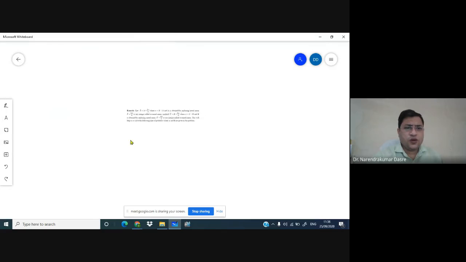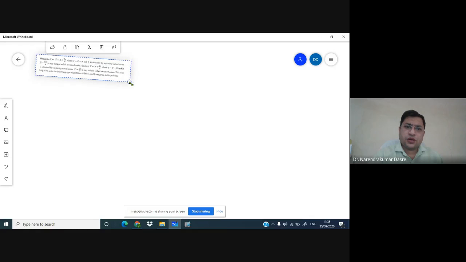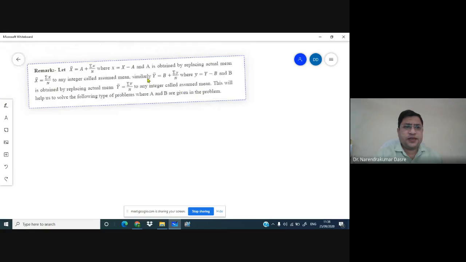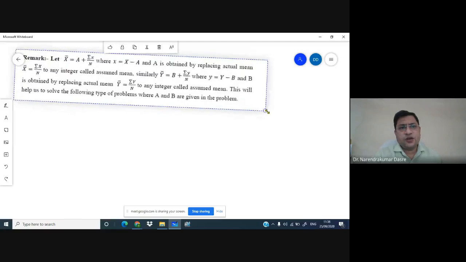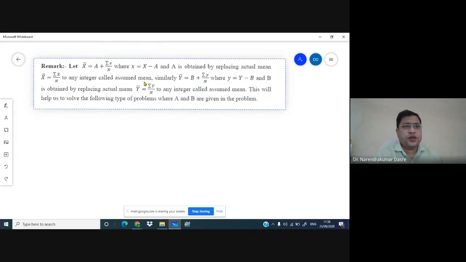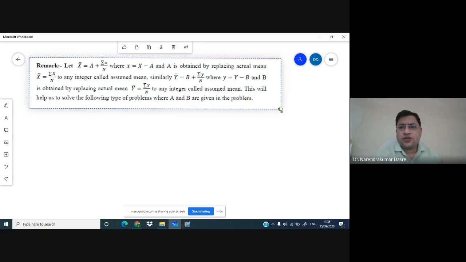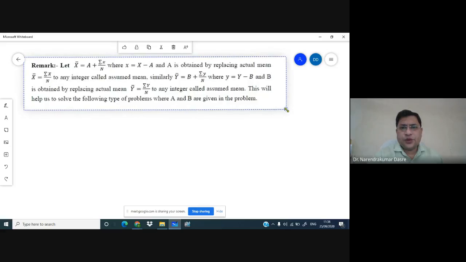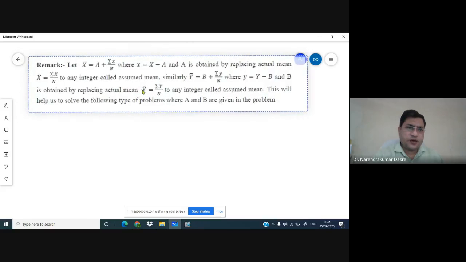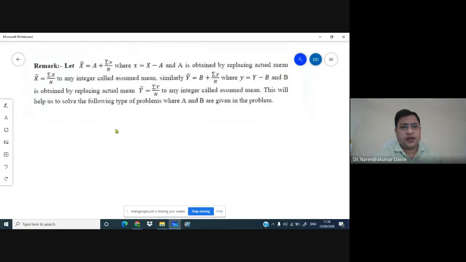And then we'll have the processed data, and using that processed data, we'll try to find out the solution. So first you need to write this remark, as we are done with the unprocessed data, the raw data.